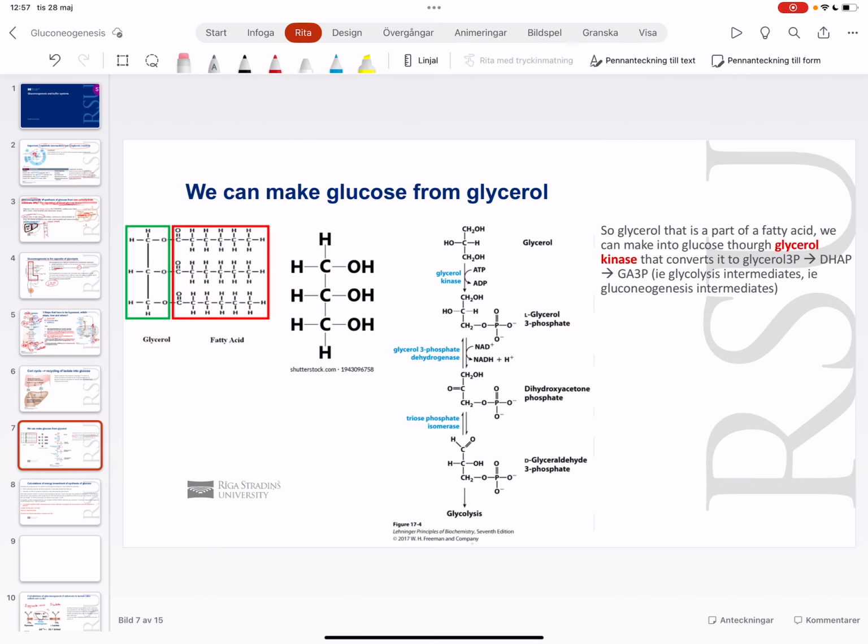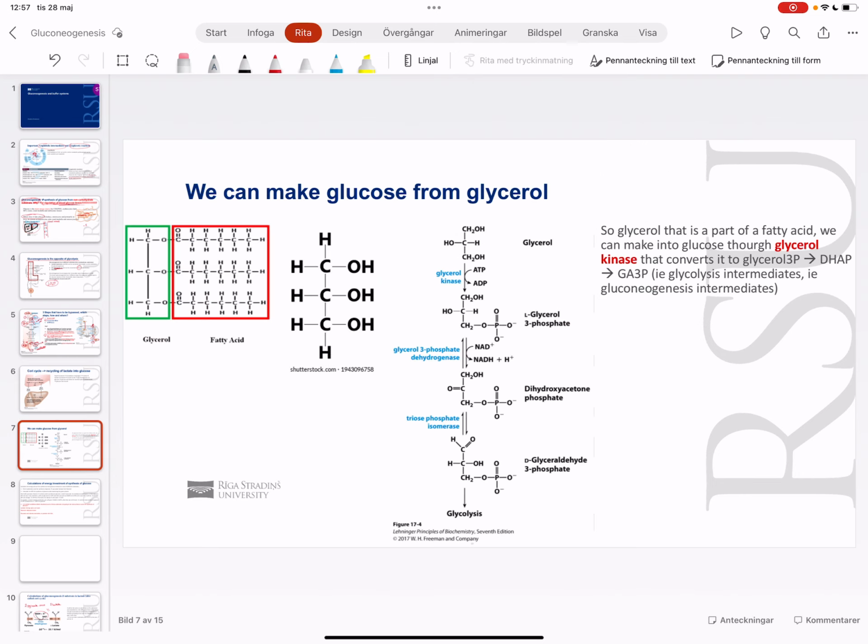And what's important to remember here is also the glycerol kinase enzyme. So here we have glycerol. Then the glycerol together with glycerol kinase will become glycerol 3-phosphate. Then glycerol 3-phosphate together with the enzyme glycerol 3-phosphate dehydrogenase will give us dihydroxyacetone phosphate, and that through triose phosphate isomerase will give us glyceraldehyde 3-phosphate.